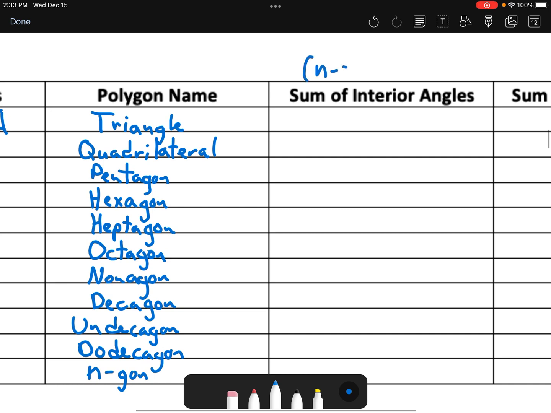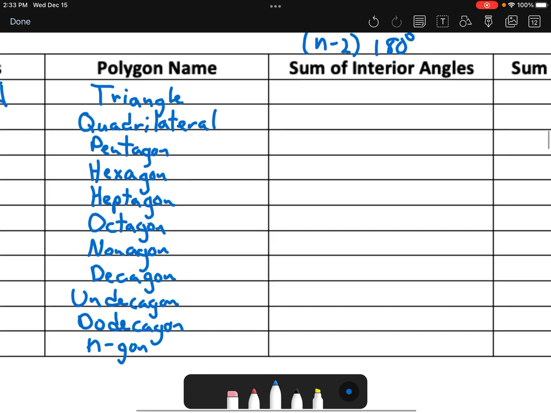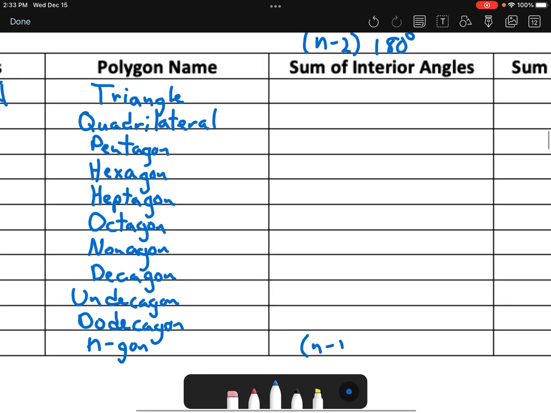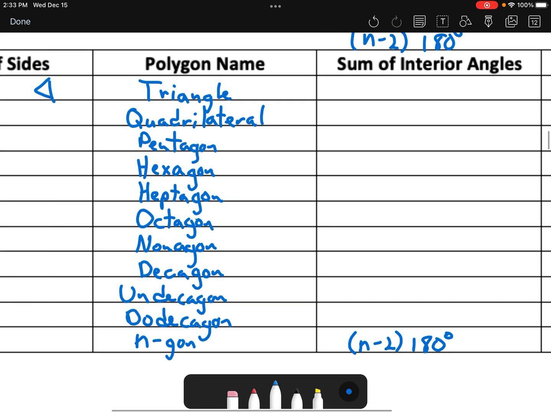Now, we know from the formula that the sum of the interior angles is n minus 2 times 180. So that formula goes down here. You can use the formula every time, but it's really helpful if you can memorize the degrees. Like we know that a triangle sum is 180.